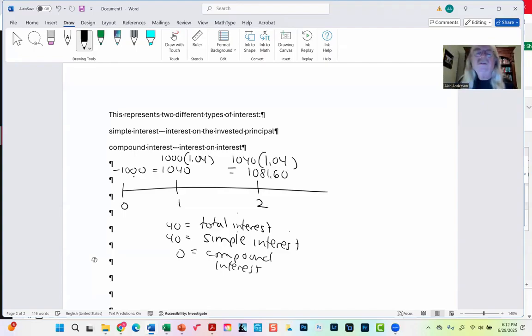So if you notice, during the first year, I earned $40 worth of interest. During the second year, I earned $41.60. Where did that extra amount come from? Good question. So altogether, I've earned $81.60 in total interest.